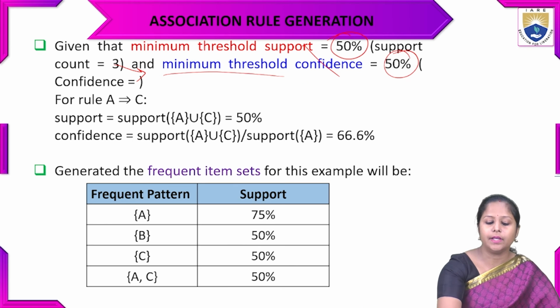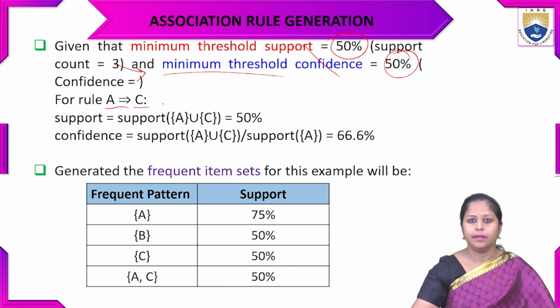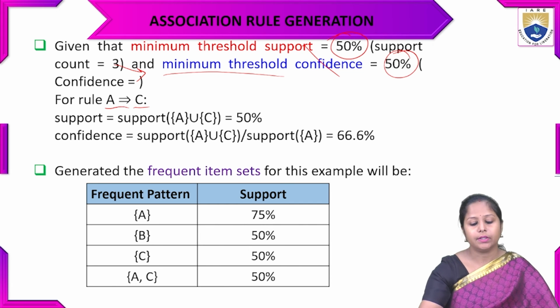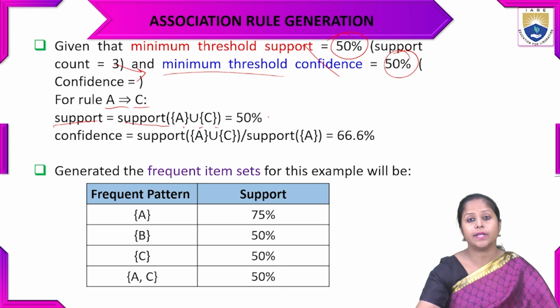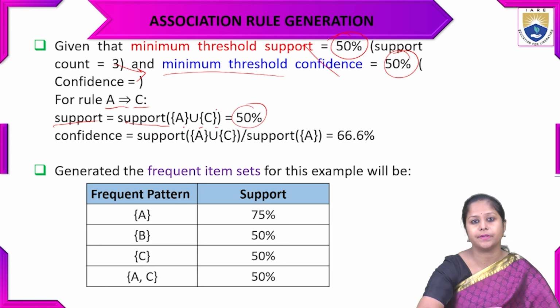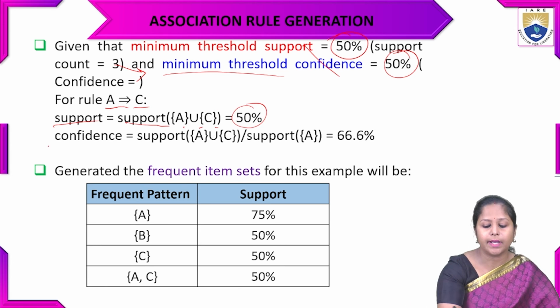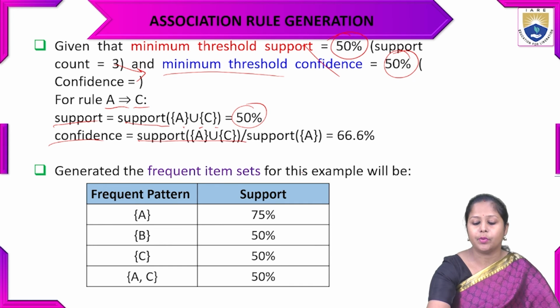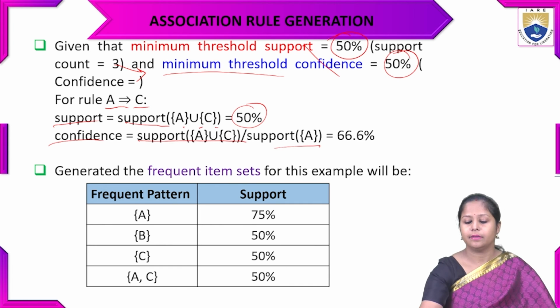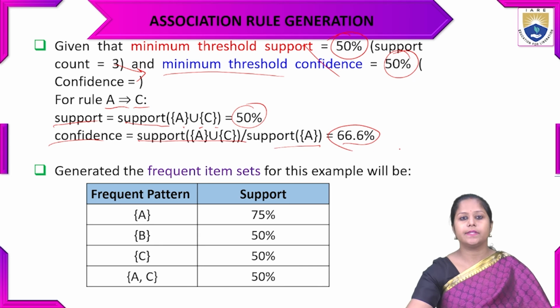So the rule is A implies C: if A is bought, C is also bought together. The support of A union C will be 50%. The confidence will be the support of A union C divided by the support of A, which we have got as 66.6%.